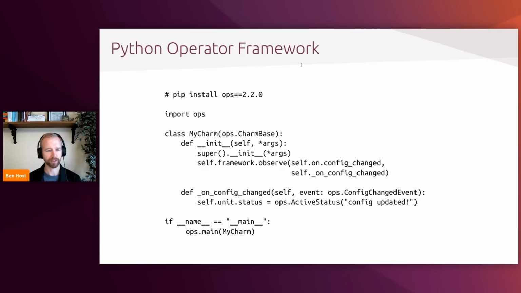So in this case, the config changed handler only updates the Juju status message. It sets the status to active and sets a message of config updated, and the message appears to the administrator when they type juju status on the CLI.